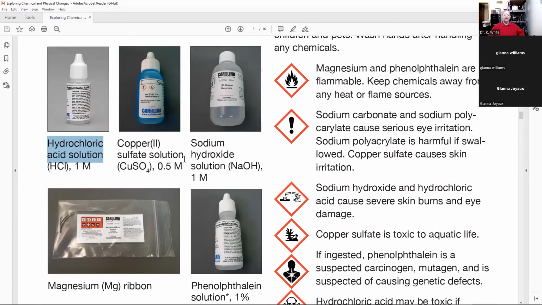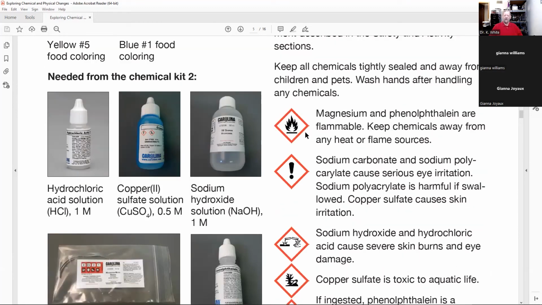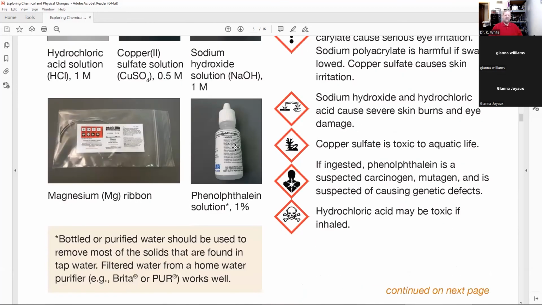Its higher molar concentration can do damage to your skin and your eyes. This probably could too, not as bad as higher. And you'll also have sodium hydroxide. The 1 molar tells you concentration. Again, be careful with these chemicals. Here they have the various warnings you should read. And you should also have phenolphthalein solution.